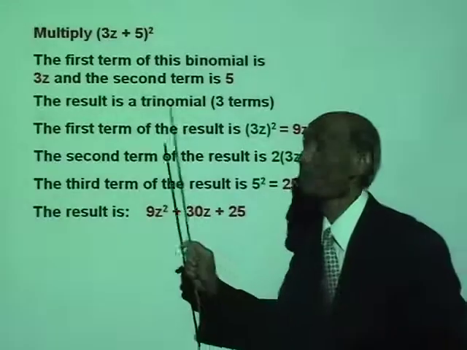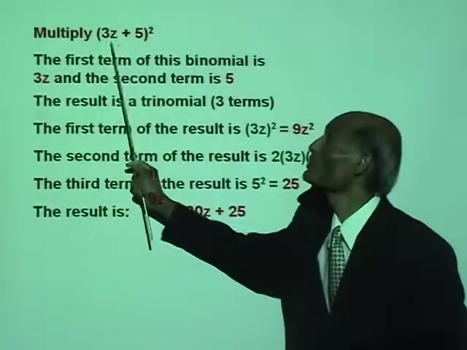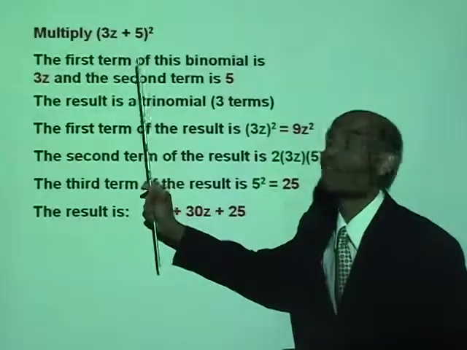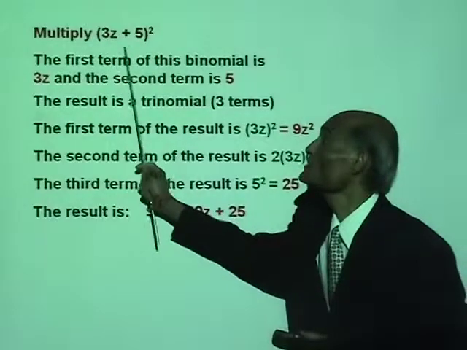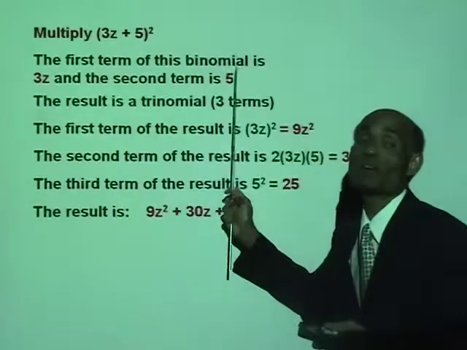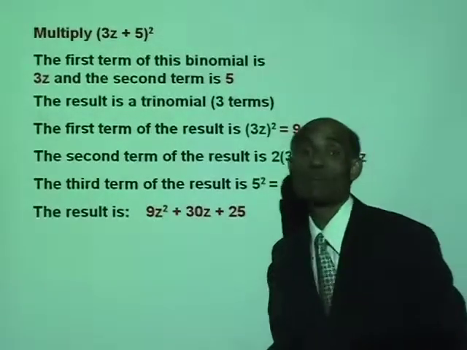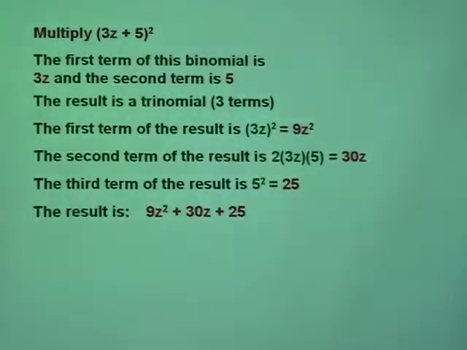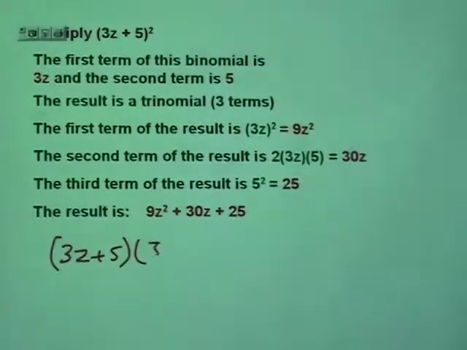Alright, let me go to my whiteboard and do this the traditional way. That is, write it as 3z plus 5 times 3z plus 5 and see how we get the result. Watch me do that. Now that is 3z plus 5 times 3z plus 5.